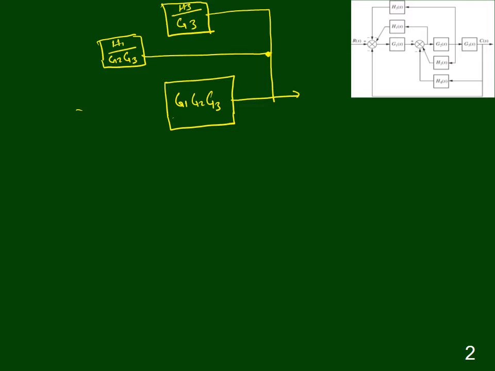Here if we see, the block is somewhat like this. So the first one we can bring it minus, and the second one will be minus.